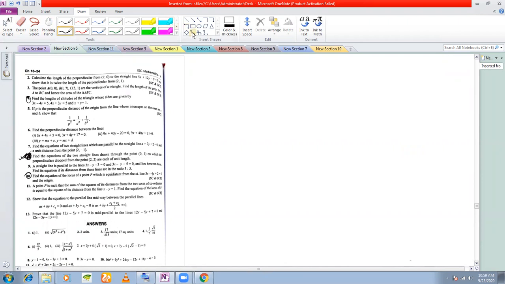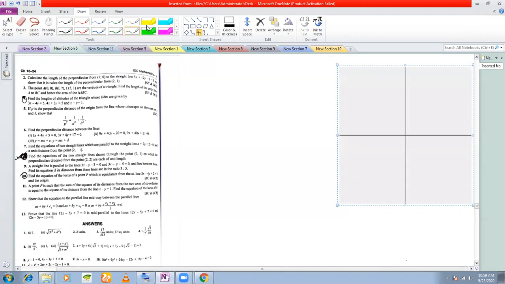So let us try to draw a little figure here. Okay, so this is your straight line, say.